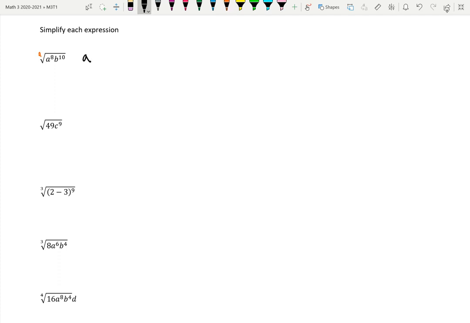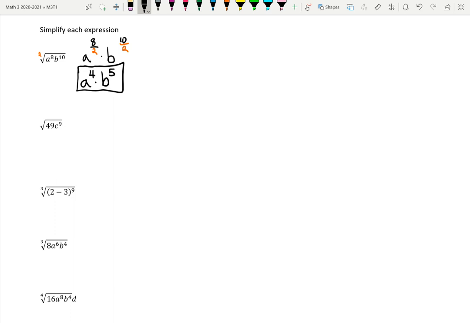So I can represent these all as rational exponents. The first one's going to be a to the 8 over 2 times b to the 10 over 2. Looking at it in rational form reveals that the simplified version is going to be a to the 4th times b to the 5th. Essentially, it's simplified to not even include the square root.